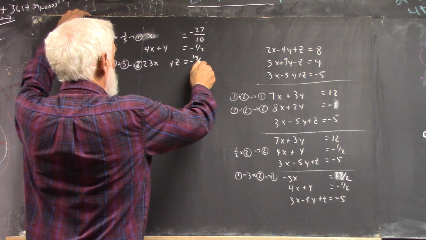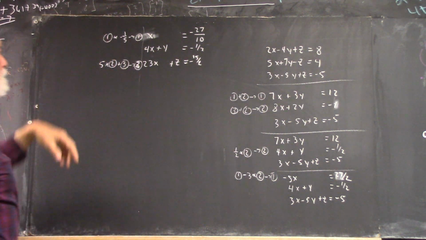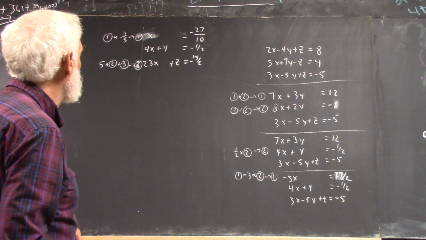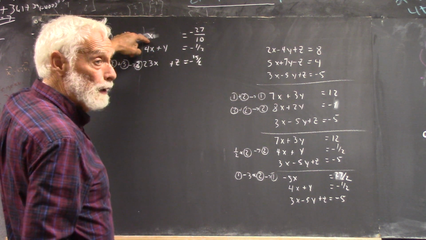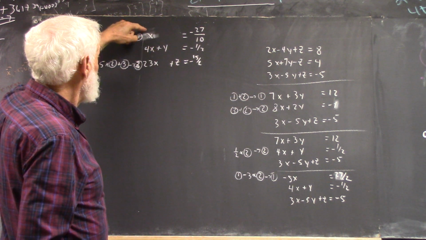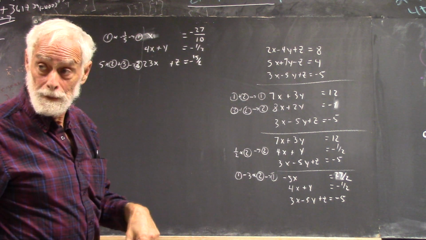Check my arithmetic, but for the moment, tentatively believe what I did. Now all I have to do is add -4 times this equation to this one, and I've got y. And I add -23 times this equation to this one, and I've got z. Right?